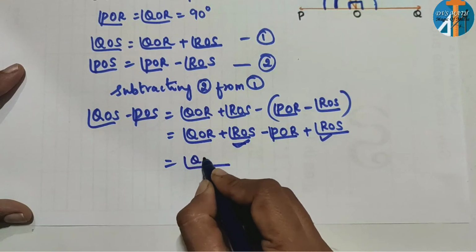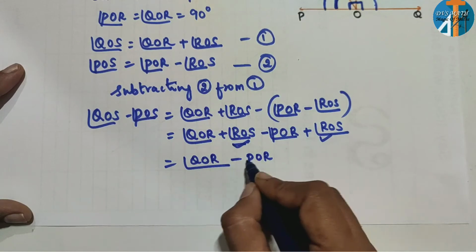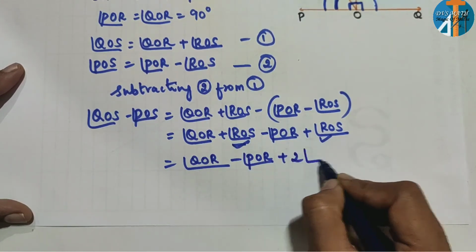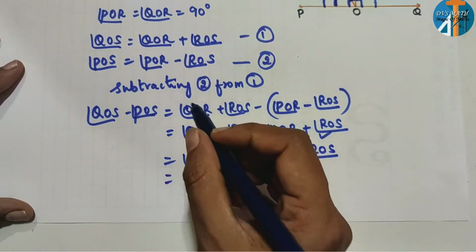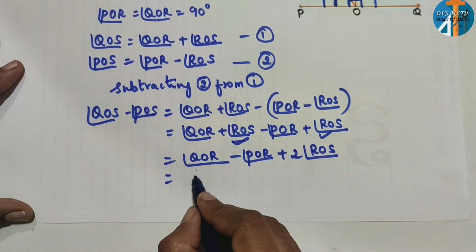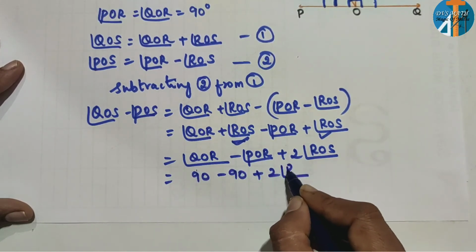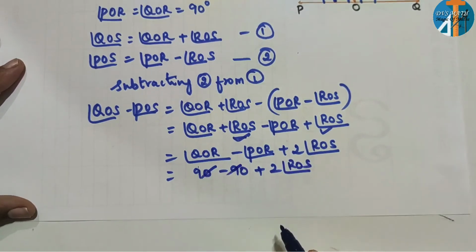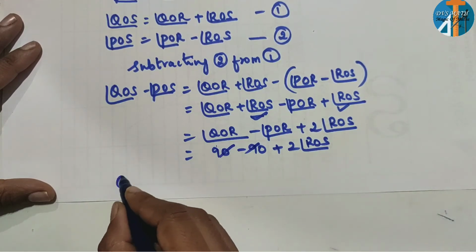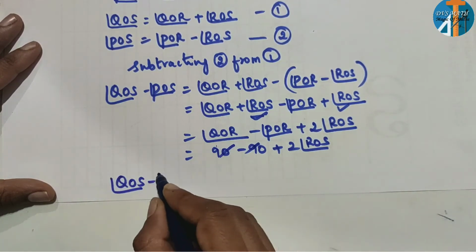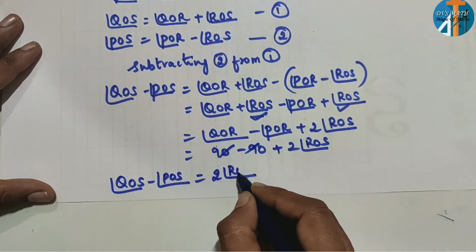First let us write QOR minus POR plus 2 times ROS. Now what is the value of QOR and POR? 90, right? That means 90 minus 90 plus 2 times ROS. 90 minus 90 cancels. What will be the remaining? QOS minus POS is equal to 2 times ROS.